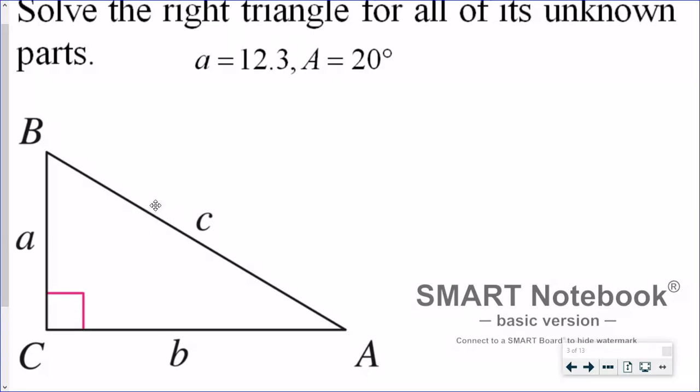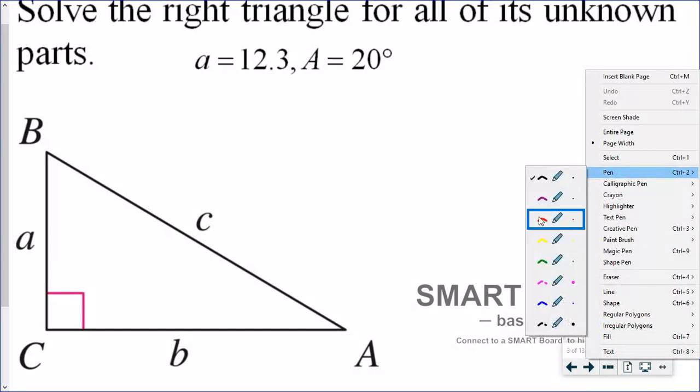It doesn't have to be ABC. You can call it DEF, you can call it RST, it doesn't really matter. But whatever you name the angle with a capital letter, the side across from it has to be that same letter in lowercase. So it's very important to keep that in mind.